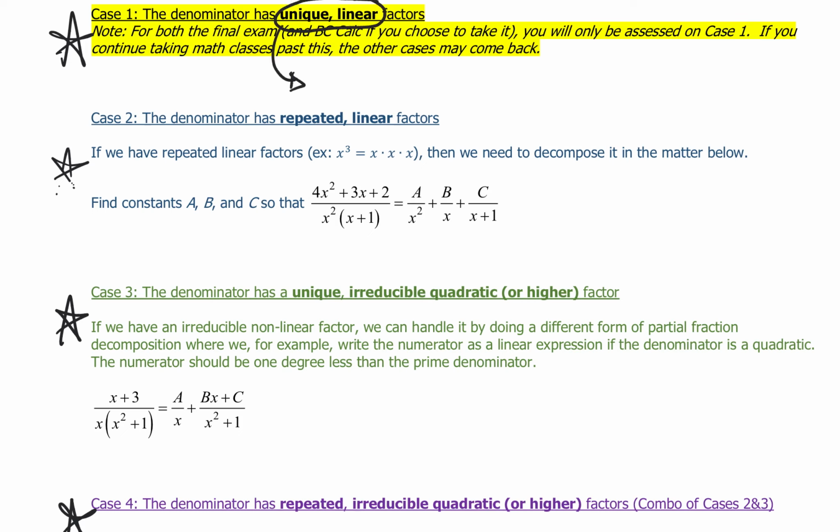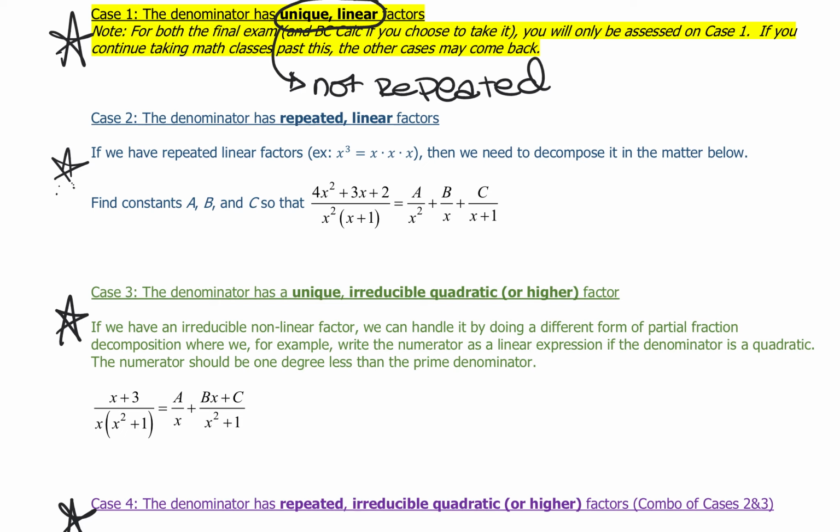Unique meaning that they are not repeated. So I don't have the quantity x plus 2 squared, right? I don't have an x plus 2 and another x plus 2. They are not repeated, and they're all linear. All of those factors for the denominator came down to like x plus 4, x minus 2. I didn't have any irreducible quadratics.